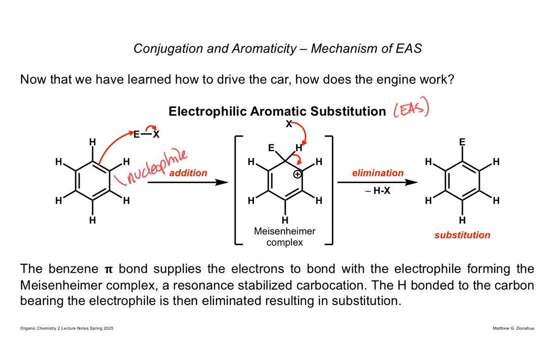You have to pay attention to which carbon atom you're adding to, because then the one next door is the one that gets the plus charge. And that plus charge is what initiates the elimination to re-aromatize the ring.